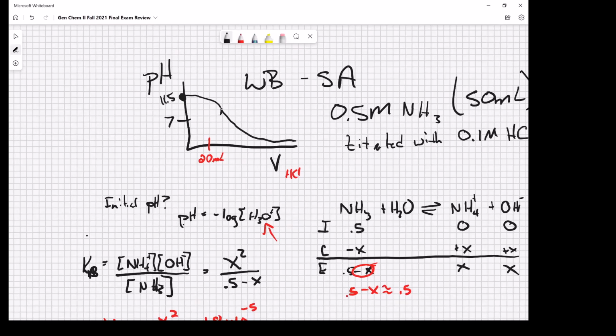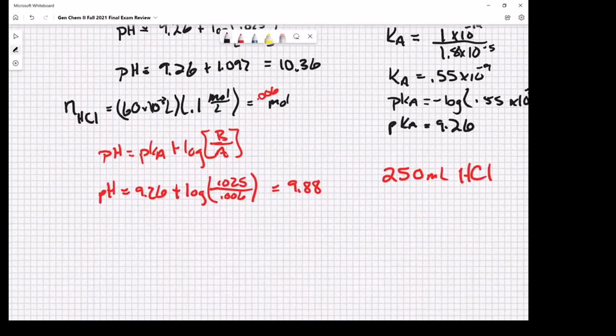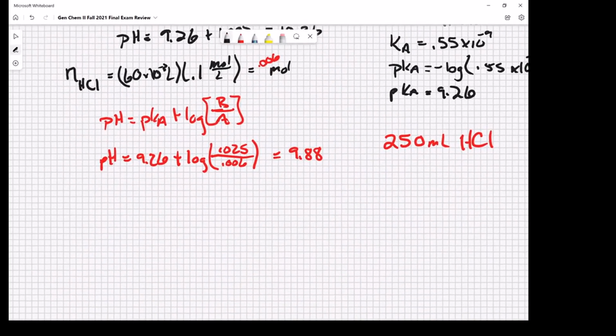Maybe 60 is right here, and now we want to go to 250. So let's calculate the number of moles of HCl at 250 milliliters. It's going to be 250 times 10 to the minus 3 liters, multiplied by 0.1 moles per liter. And how many moles is that?